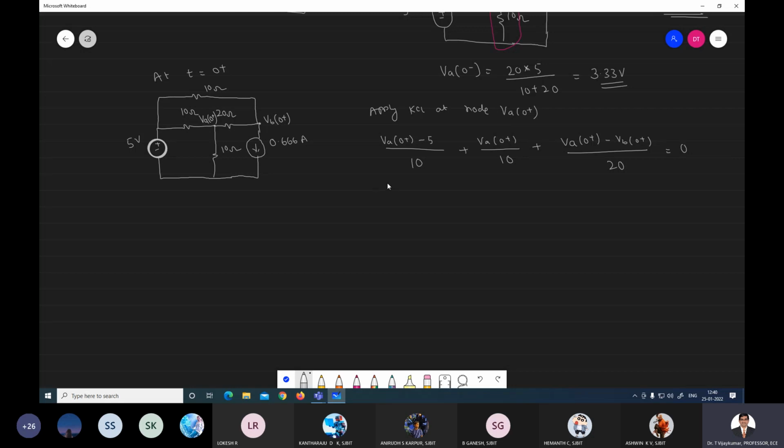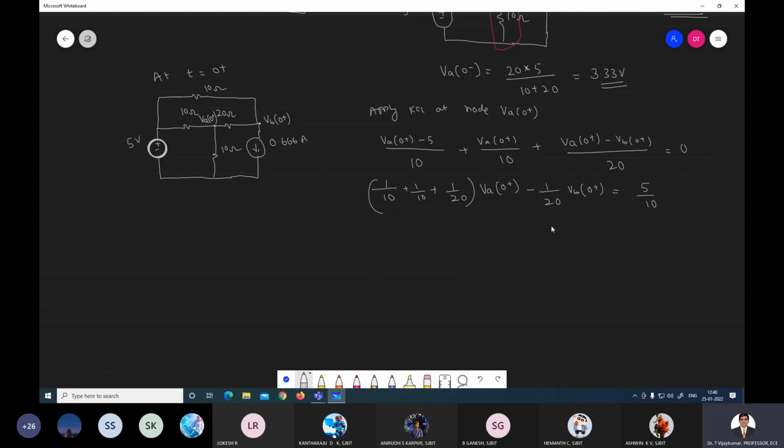Taking VA0 plus as the common factor, this is 0.25 VA0 plus minus 1 by 20 VB0 plus is equal to 5 by 10.